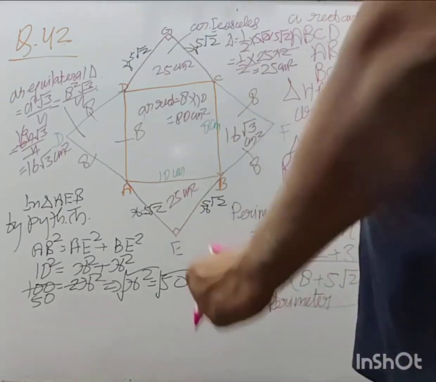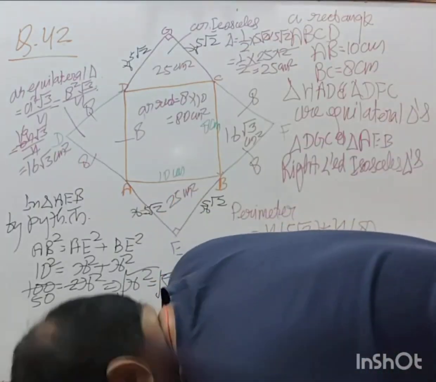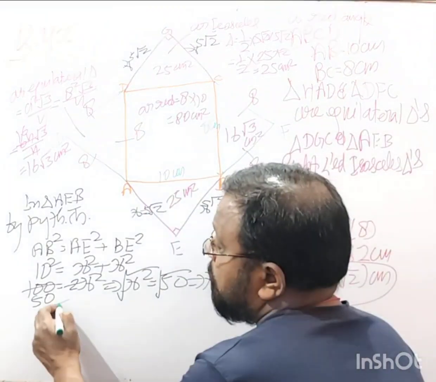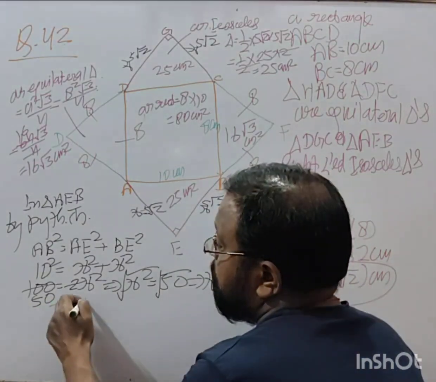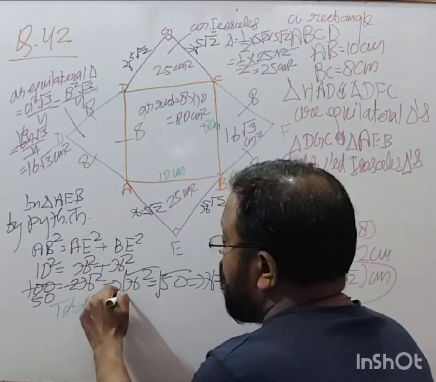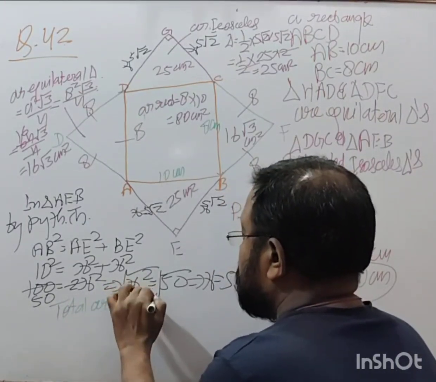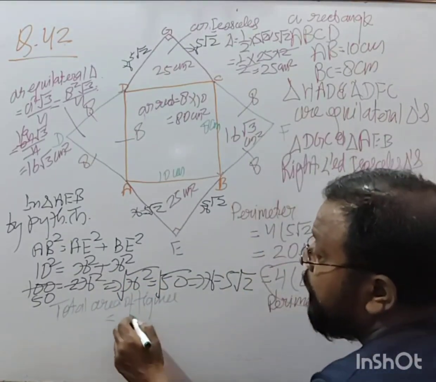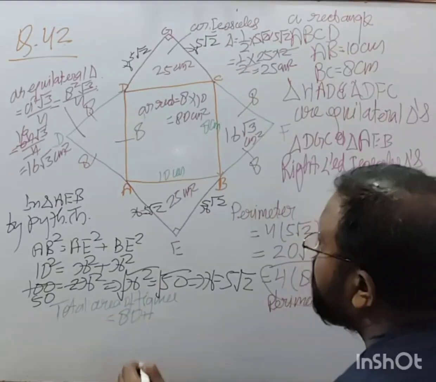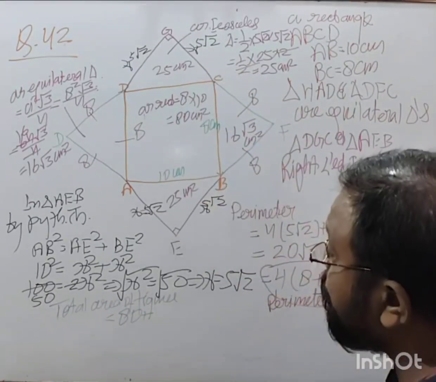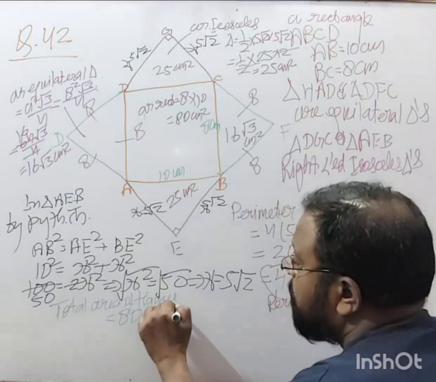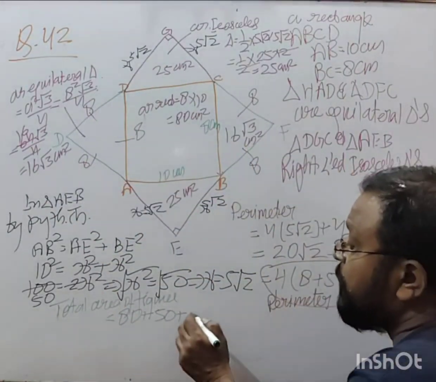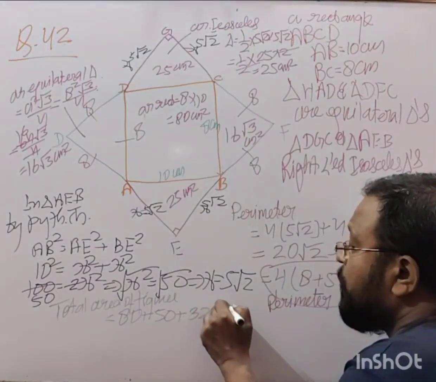Now total area of the figure is equal to 80 plus 25 plus 25, 50, plus 16 plus 16, 32 root 3.